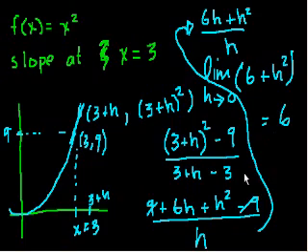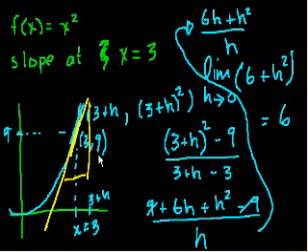It equals 6. So we now know that the slope of this curve at the point x equals 3 is 6. So if you actually did a traditional rise over run, this change in y over change in x is 6. So we have the instantaneous slope at exactly the point x is equal to 3.